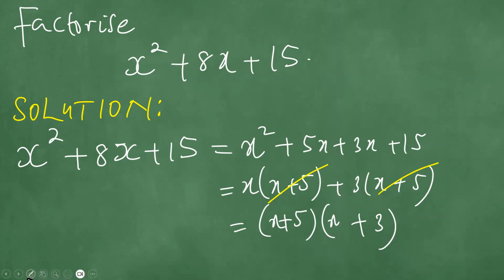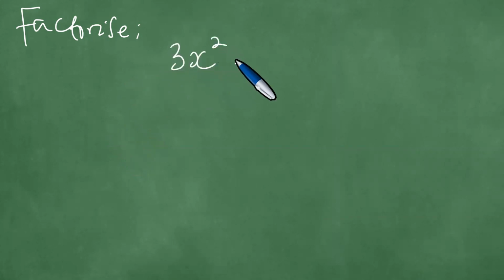Next thing, factorize. Right, so if you want to factorize this one here, 3x squared plus 19x plus 6.